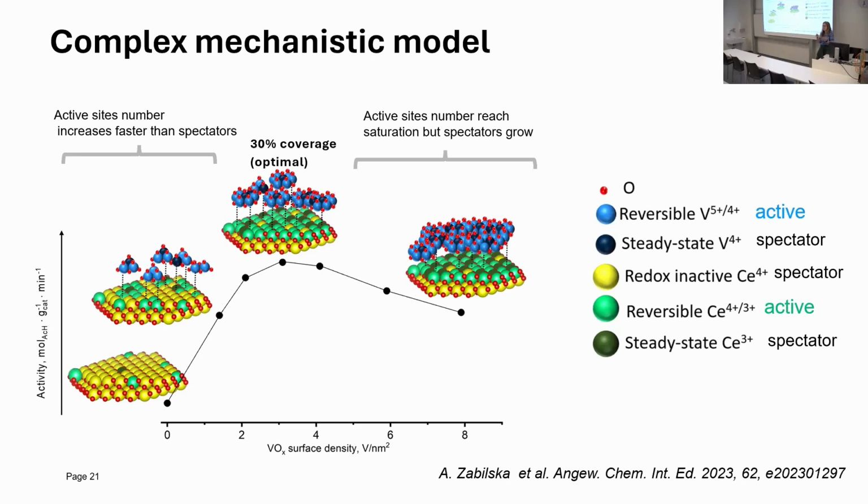Without transient experiments, we could never pick up which vanadium and cerium is actually active and which is not, because when we vary the concentration of oxygen, we could pinpoint which of the cations are redox active.